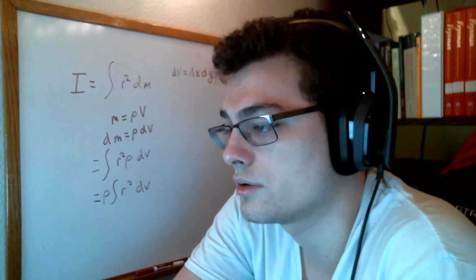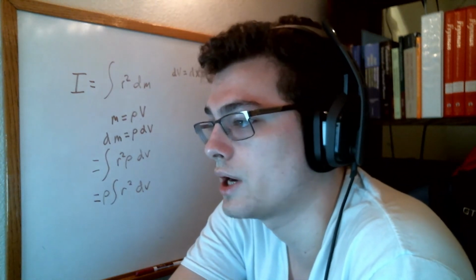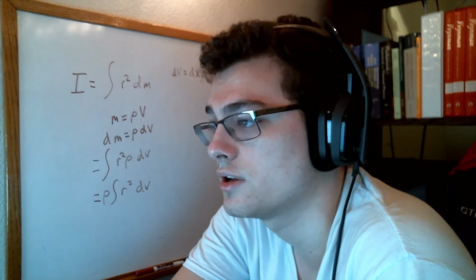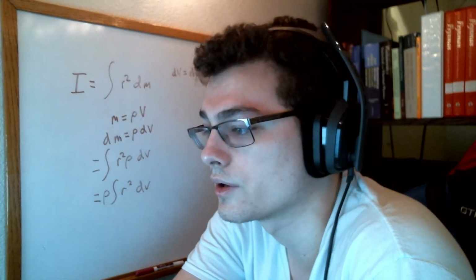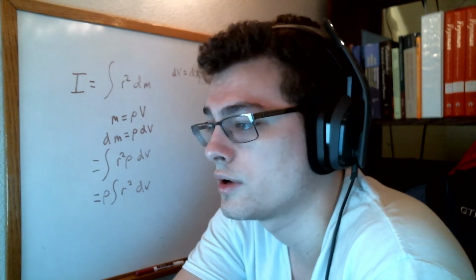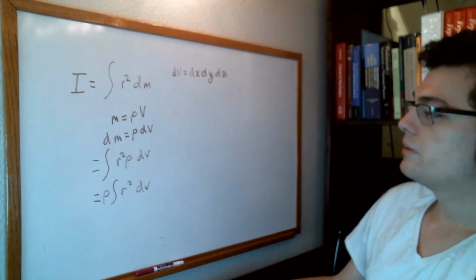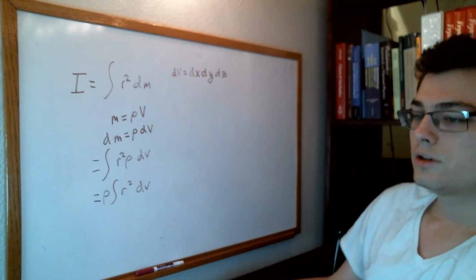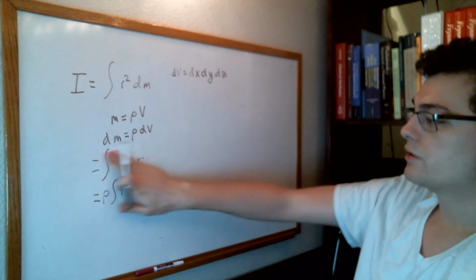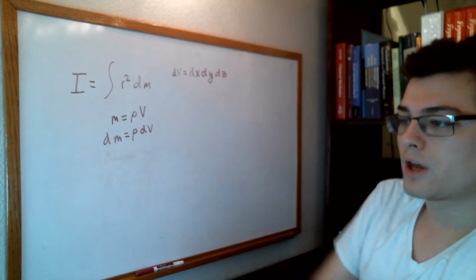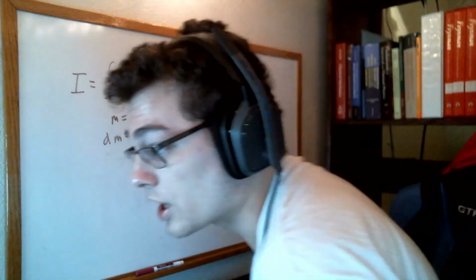So what we're going to do now is I'm going to do an example out of the book. This is going to be example 9.10 from the 13th edition of your book. And so in this case, dm is not going to just be, it is going to be dv, right? But from here, we're working with a cylindrical shell.